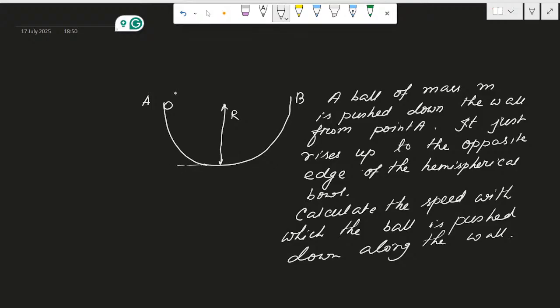In this diagram, the height from A to the ground is also given, this is H, and from B also it is H. So how do we calculate it? There will be no numerical value, because all of these are given as parameters like R and H, so we'll be getting the answer in terms of them only.